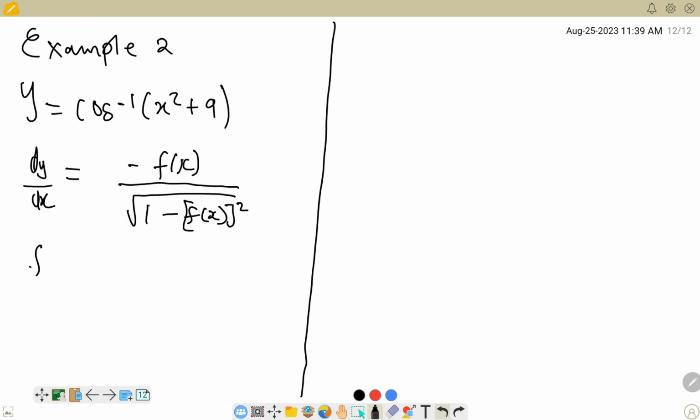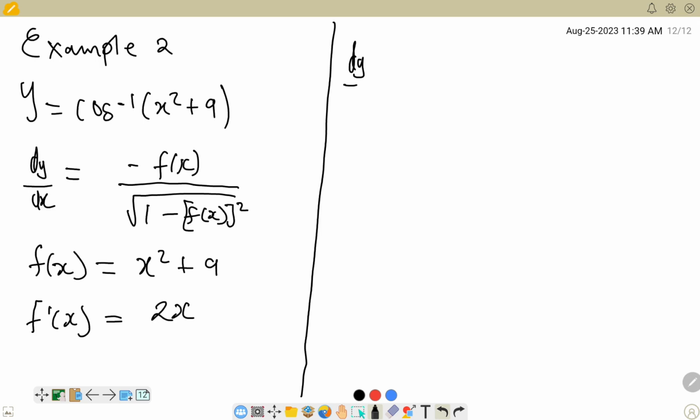The next step is to write our f of x, which is x squared plus 2. Then we differentiate that f of x, which gives us 2x. Lastly, we apply the formula. When we apply the formula, we have dy dx.